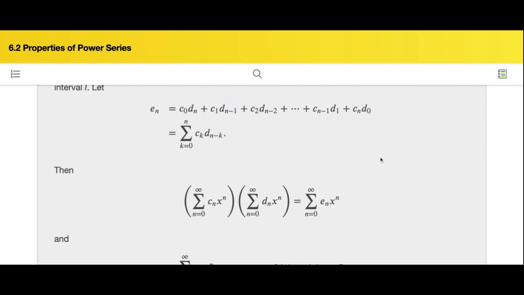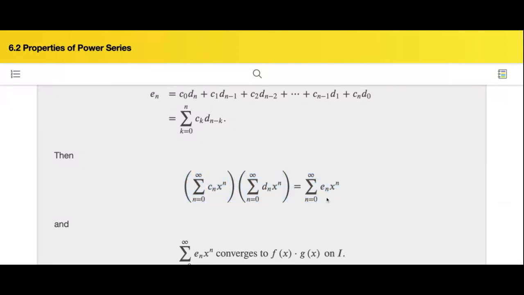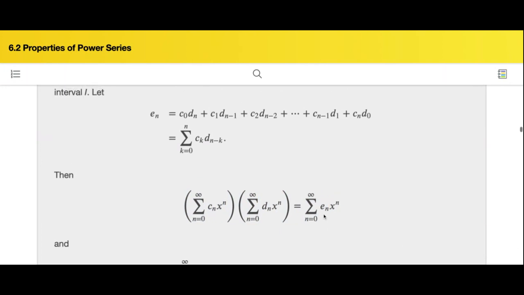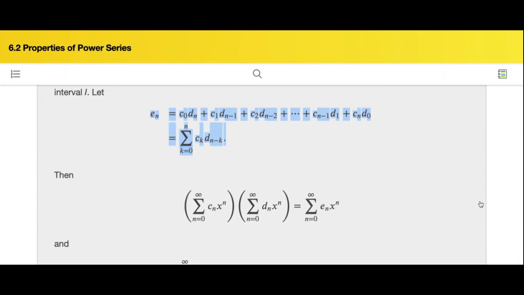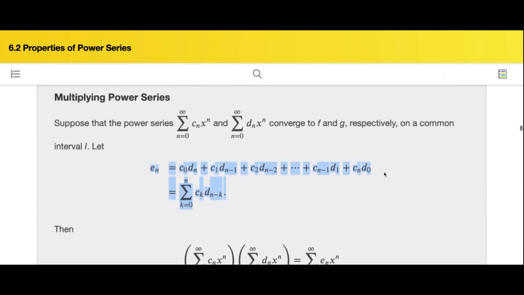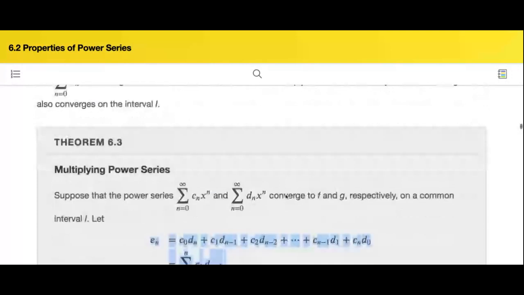Any questions? For this one, just understand where e_n comes from. That's the definition of e_n. If it's confusing, you can start with finite terms.